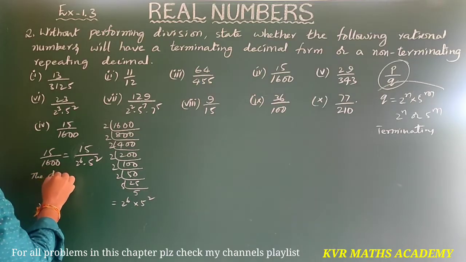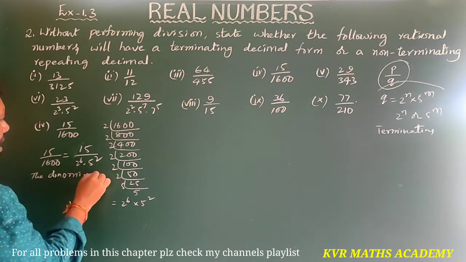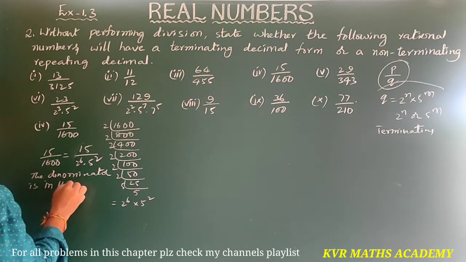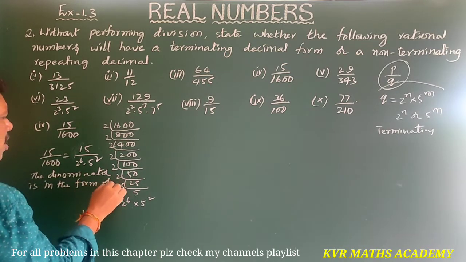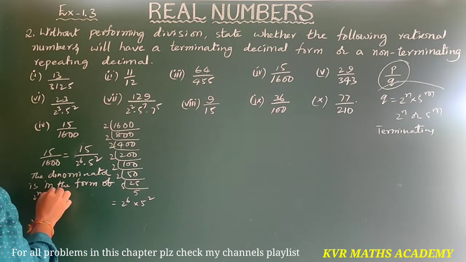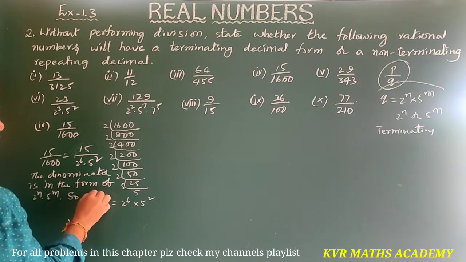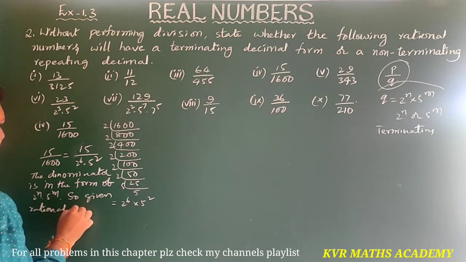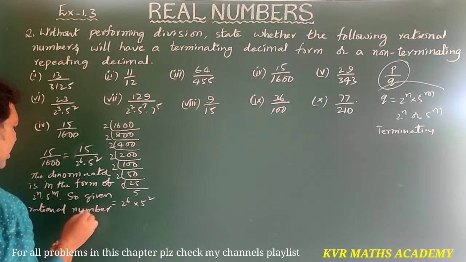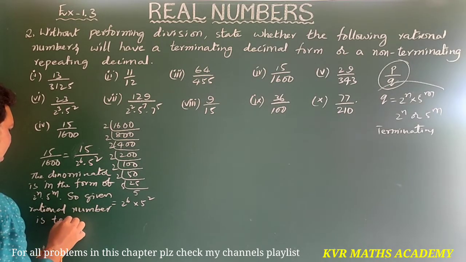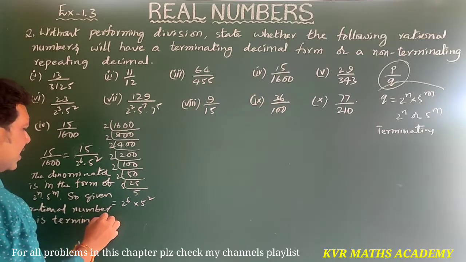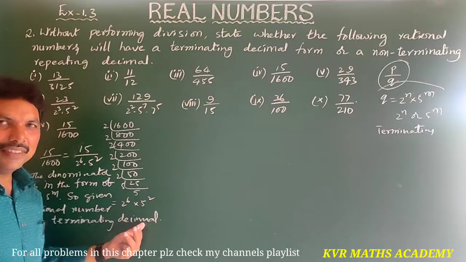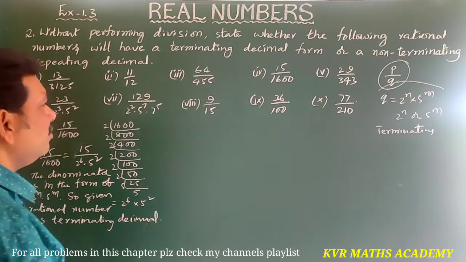The denominator is in the form of 2 power n into 5 power m. So given rational number is, yes, terminating decimal, right?